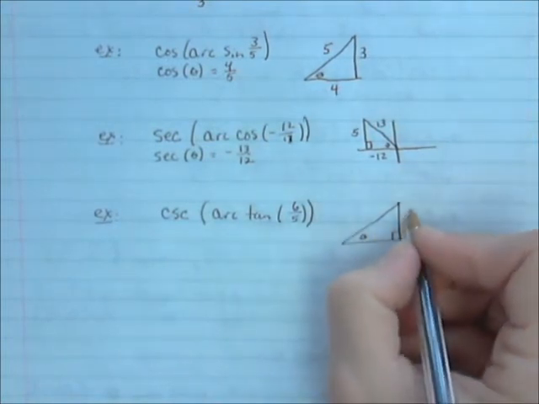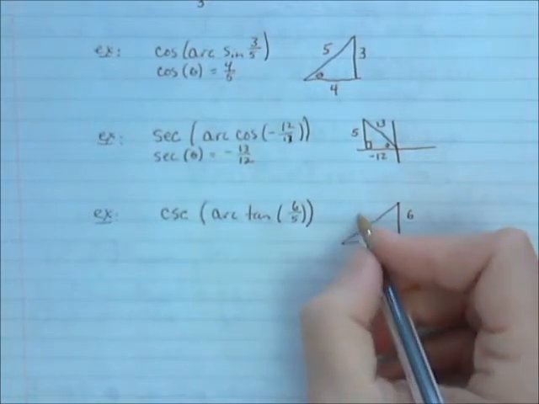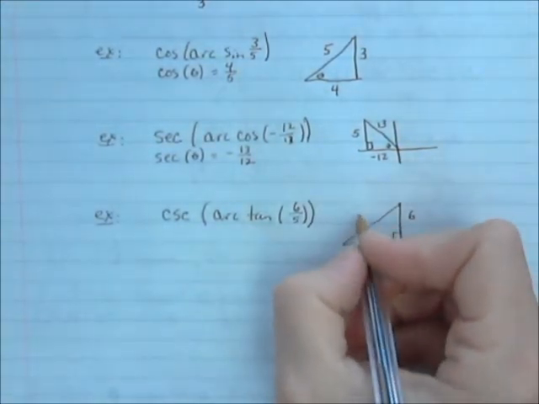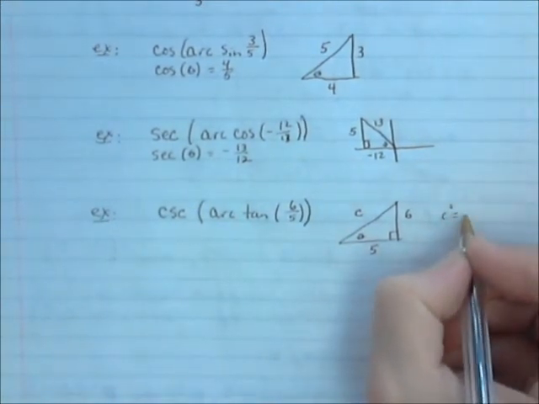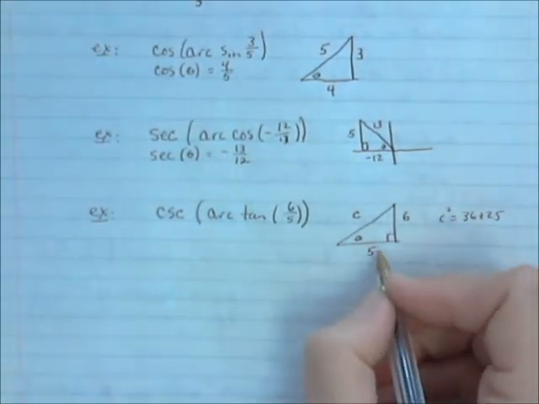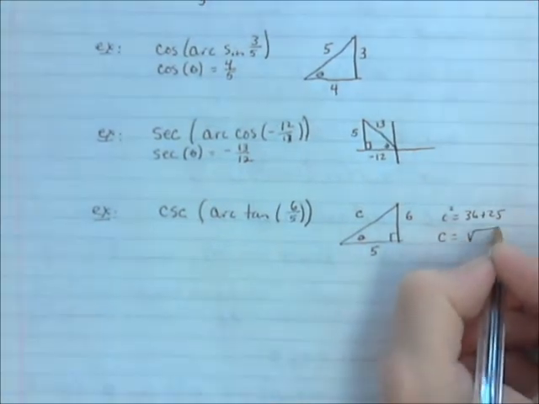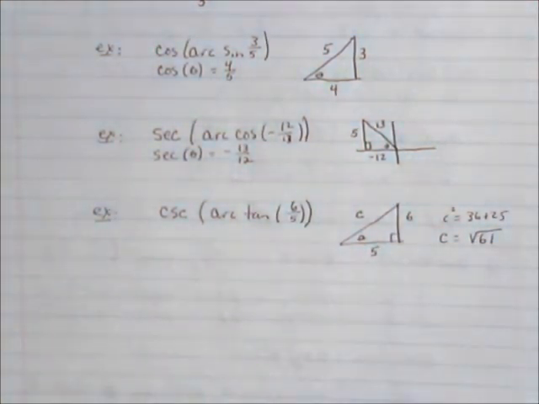Tangent is opposite over adjacent. So now we have to find the hypotenuse, I'll call this C. C squared is equal to 36 plus 25, A squared plus B squared. So C is equal to the square root of 61. I hope I did my math right.